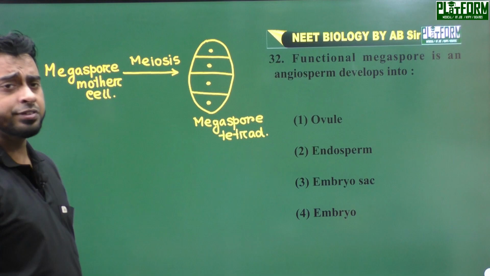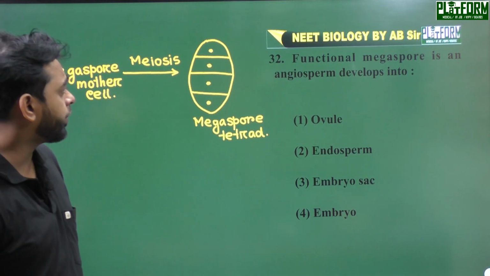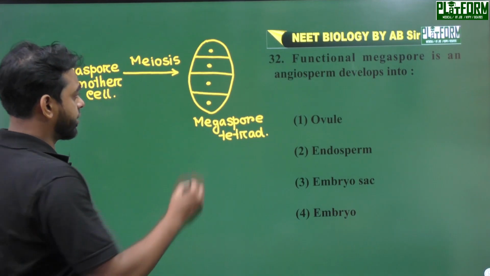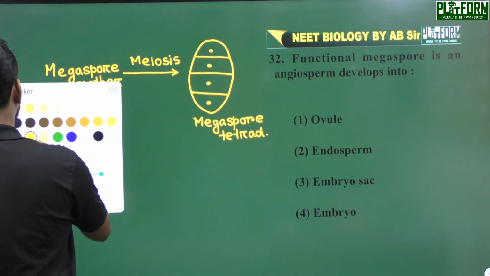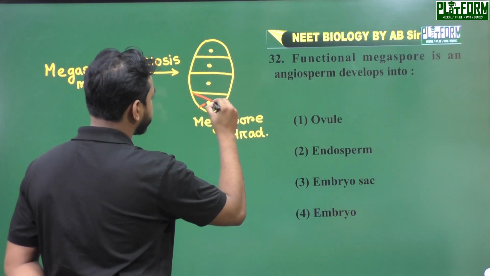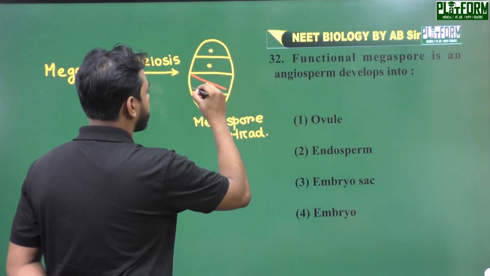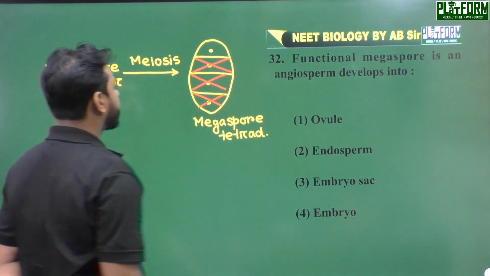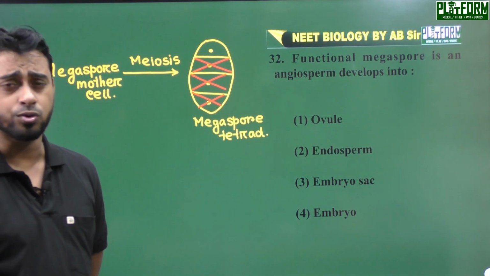Now, out of these 4 megaspores, what will happen? 3 megaspores get degenerated. Fine. So, out of these 4 megaspores, this one and this one are the degenerative megaspores.